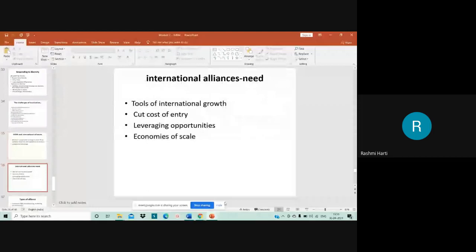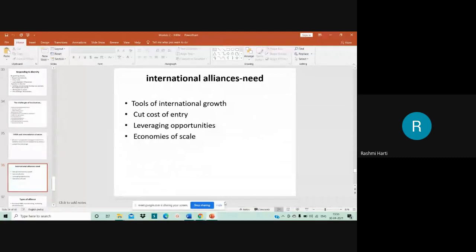When it comes to tools of international growth, first thing is cut the cost of entry. So why is an international alliance needed? First, to cut the cost of entry, then leveraging opportunities, understanding the various opportunities throughout the world and utilizing those opportunities, and then economies of scale.